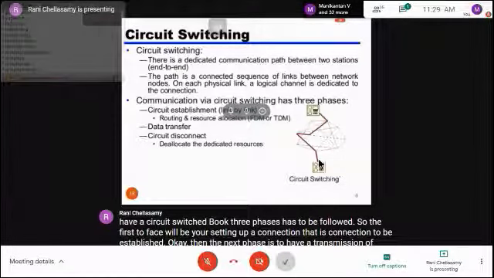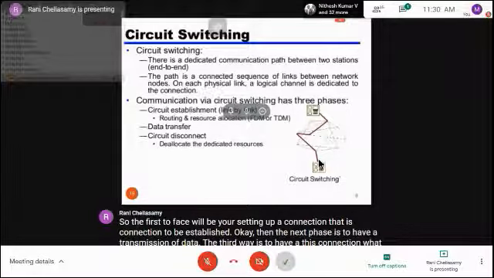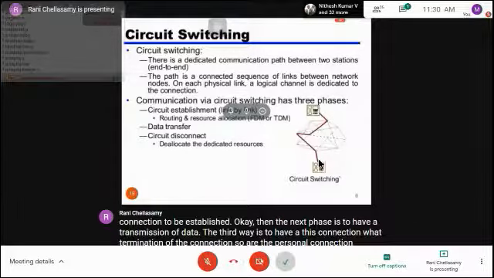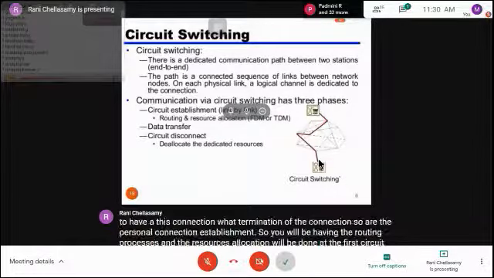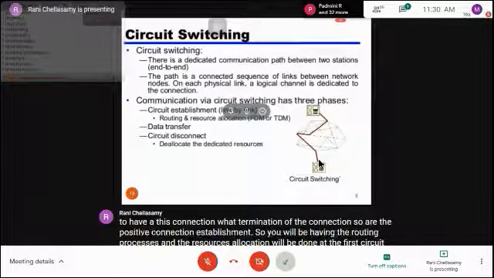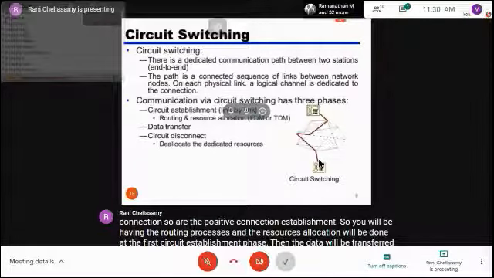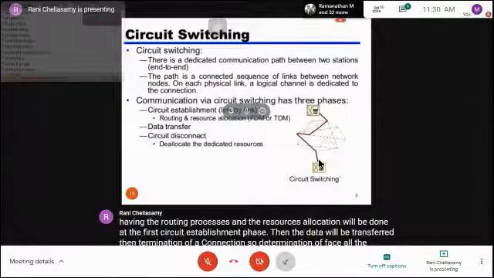At the first phase, the routing processes and resource allocation are done at circuit establishment. Then data is transferred, then termination, where all the resources established for the connection are deallocated.